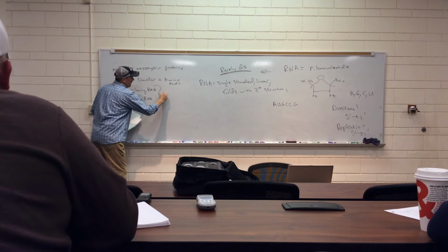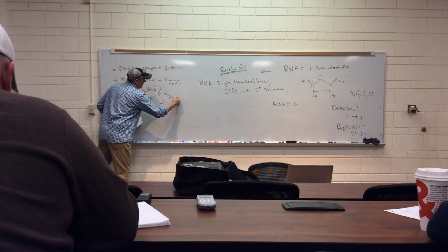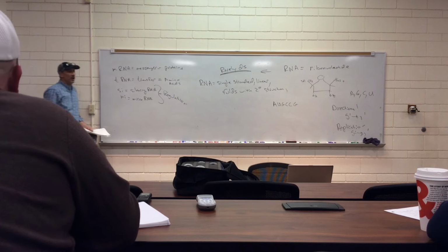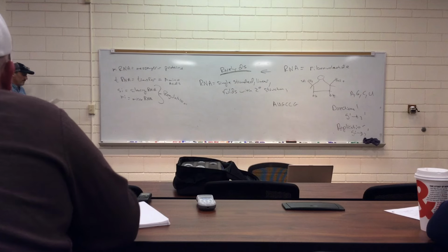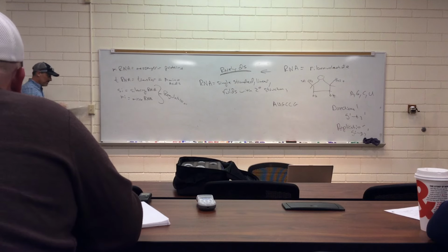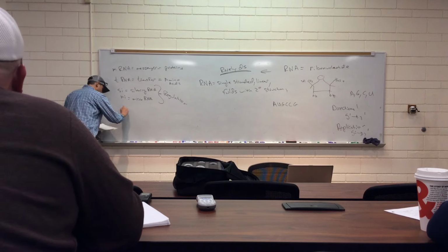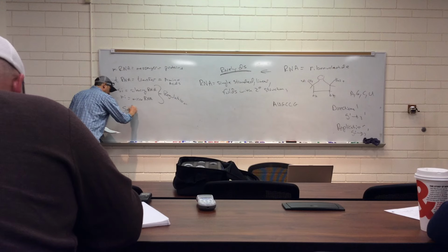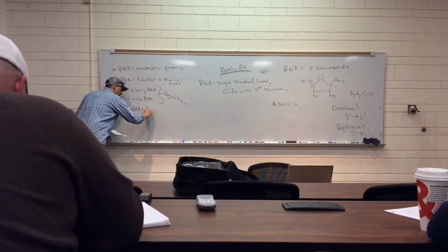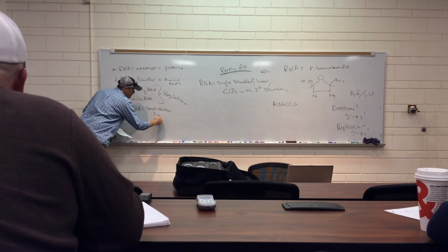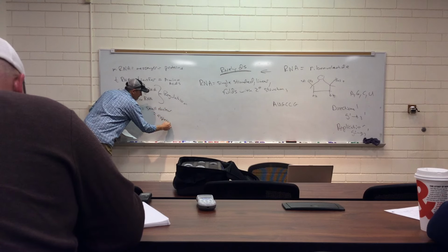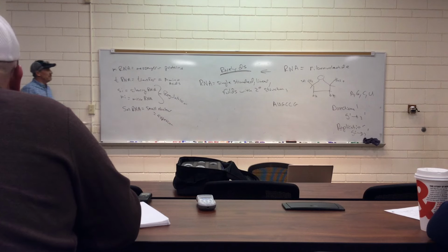And these are all about regulation. They have the ability to turn genes on and off. We have these things called small nuclear RNAs. Also help in expression. So there are a bunch of different types of RNA molecules out there.